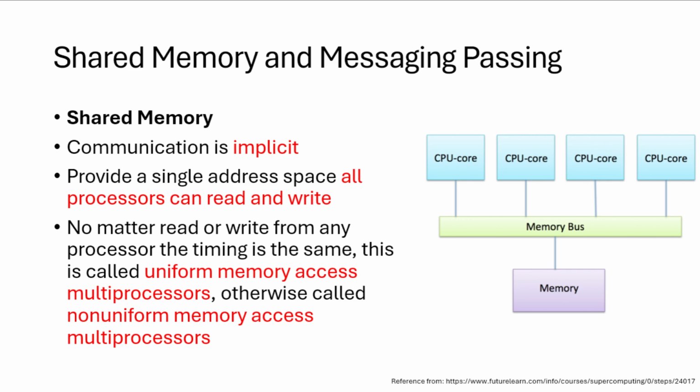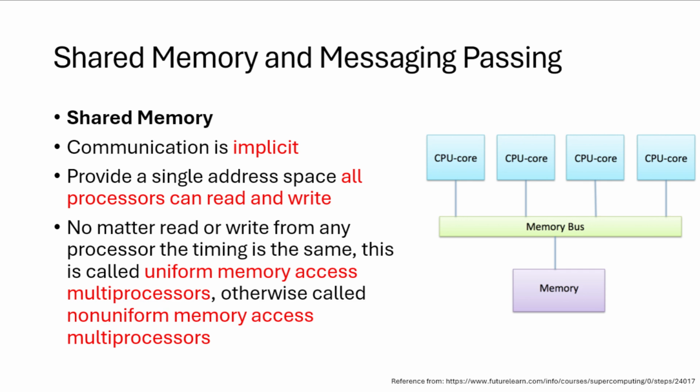And no matter read or write from any processor, the timing is the same. We call those machines uniform memory access multiprocessors. Otherwise, we call those machines non-uniform memory access multiprocessors.